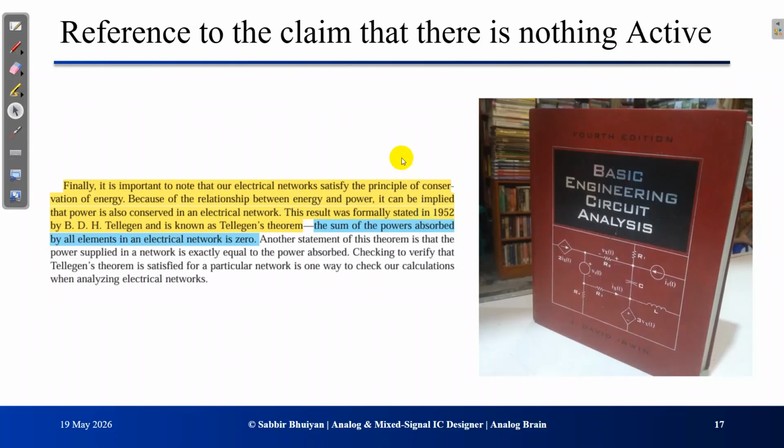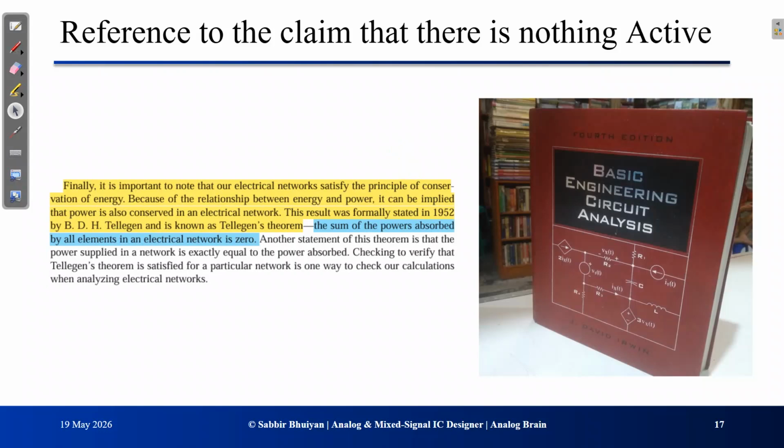Okay, just think about your basic circuit course. When your power is negative, it is delivered power: active device, power negative. When your power is positive, I am talking about the passive sign convention, right? If power is positive, your element is absorbing power: passive.